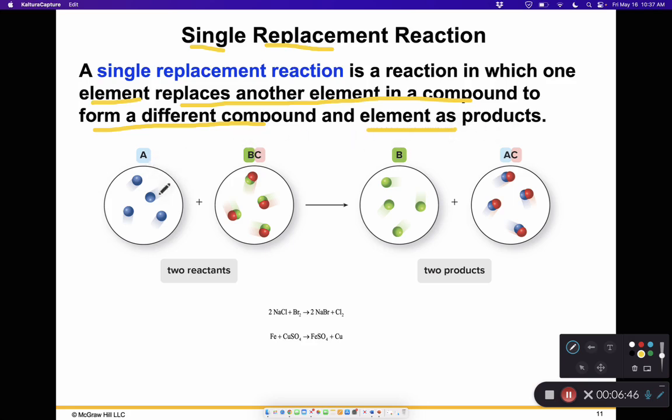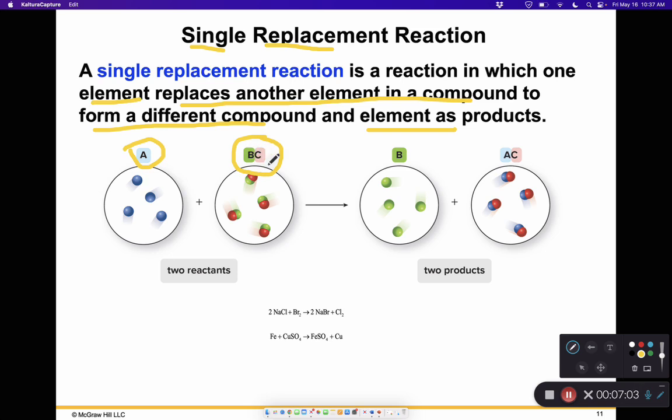Let us understand that with a general equation here, or you can look at the molecular view. We have A as a reactant, and we have a BC compound. The BC compound is also a reactant.